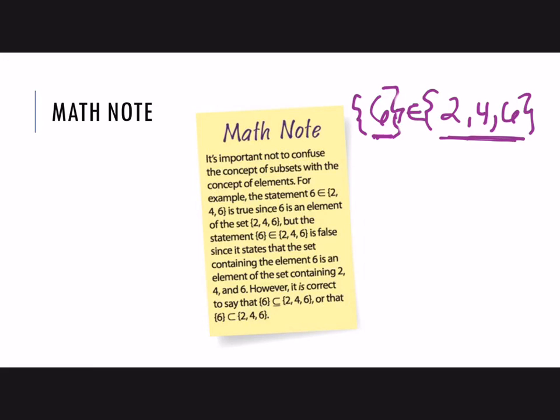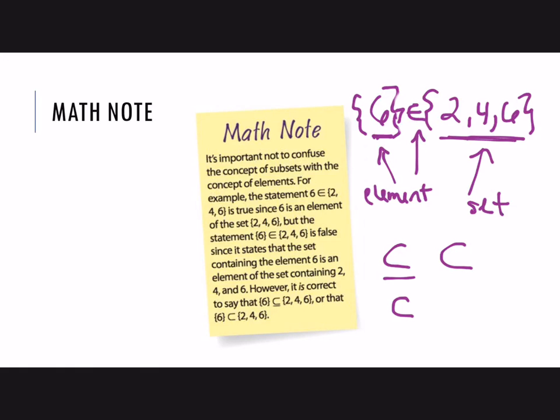Okay, this is false. You only use this element symbol if the thing on the left is an element and the thing on the right is a set. Okay, if you want to compare two sets, then you have these symbols. You can say that it's a subset, a proper subset, not a subset, or not a proper subset. So those are your four choices if you're comparing two sets, one on the left and one on the right.